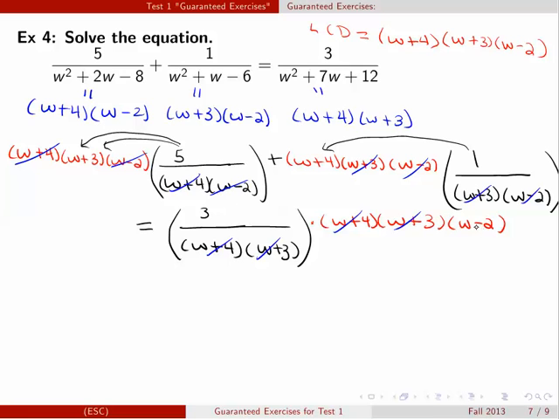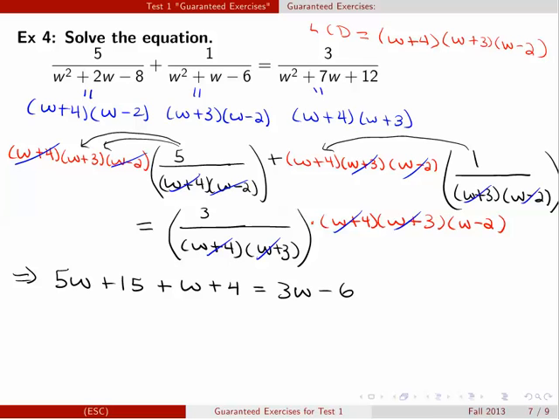So that will give us on the left 5w plus 15 plus, and then 1 times w plus 4 is just w plus 4, equals, when we multiply by 3, 3w minus 6. Okay, the rest is just combining the w's and solving for w.